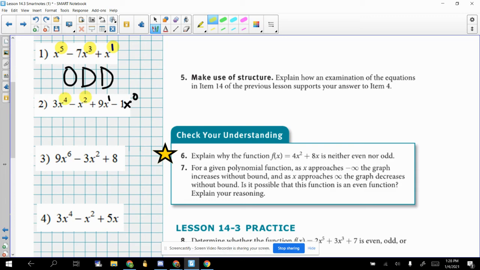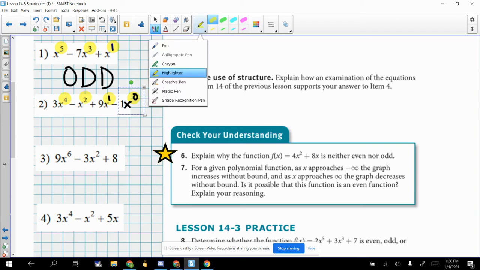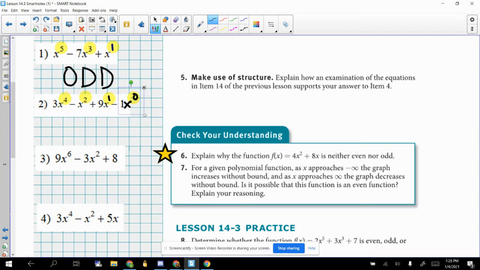We have a 4, a 2, a 1, and a 0. Okay, well, 4, 2, and 0 are all even, but 1 is odd. So this one is an example where there are some even exponents and some odd. So we would say this is neither an even or an odd function.